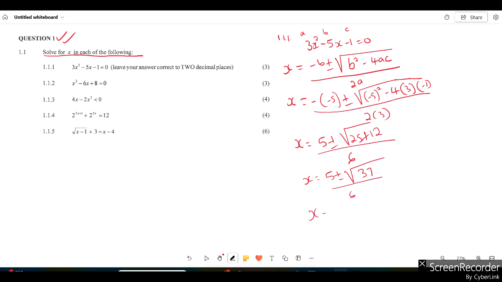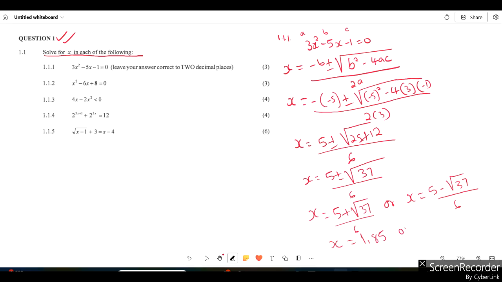I'm going to separate here. It's going to be 5 plus root of 37 divided by 6, or x is, because of what? Of plus or minus, 5 minus root of 37 divided by 6. On the side, therefore the x, rounding off to 2 decimal places, x is going to be 1,85.